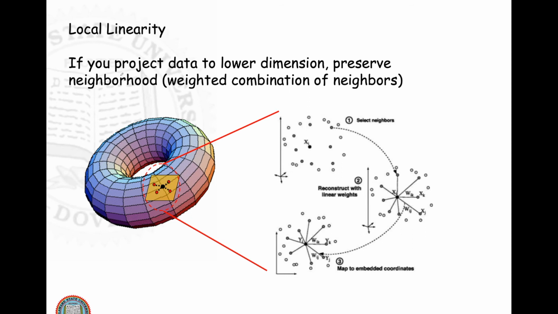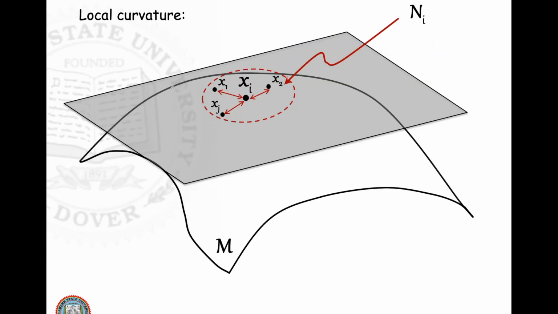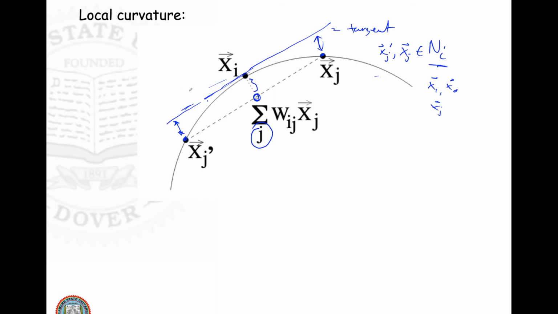We're going to project our data down to a lower dimension, and we want to do so such that we preserve the neighborhood structure. We preserve this measurement of curvature. In this case, this curvature is going to be represented by that weight matrix. And that weight matrix, as we said, is going to choose the weighted combination of the local neighborhood that best approximates the original point on the manifold xi.